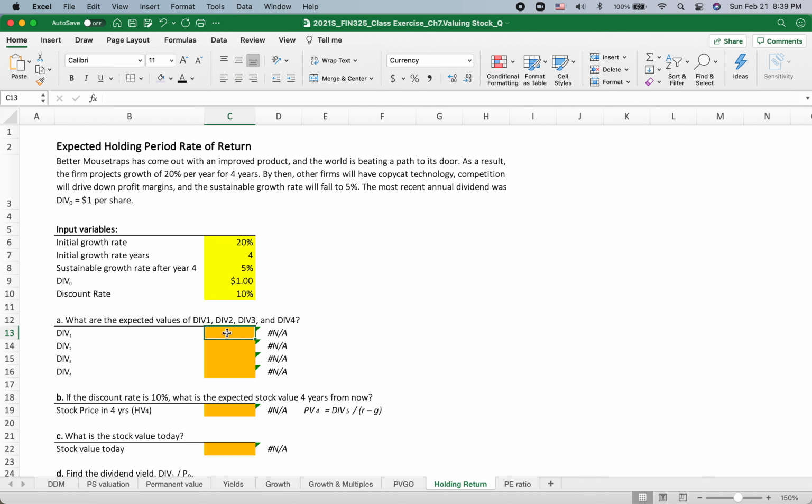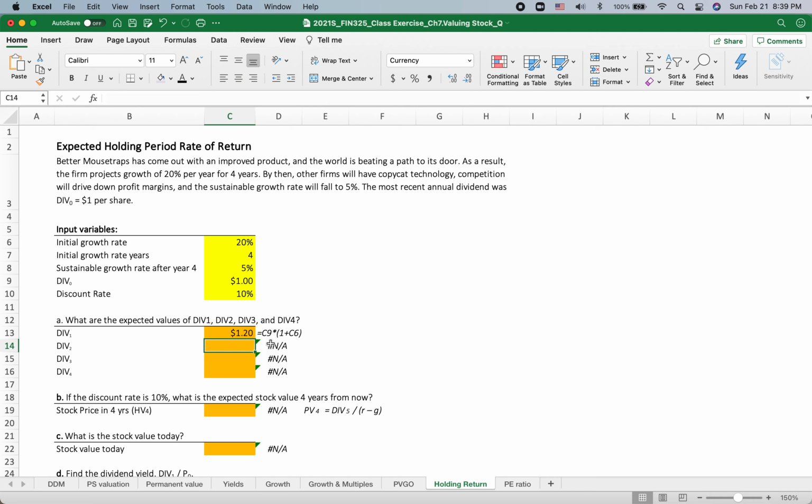Then let's get the dividends. So what are the expected values of dividend 1, 2, 3, and 4? Here is the $1 times, and we have to use 1 plus the initial growth rate for 4 years, right?